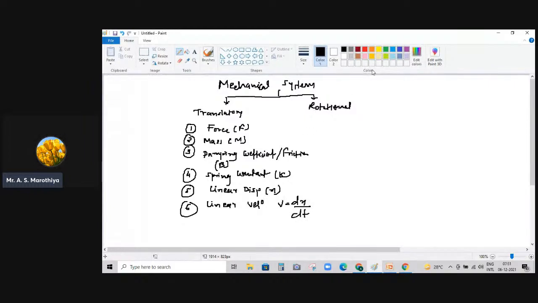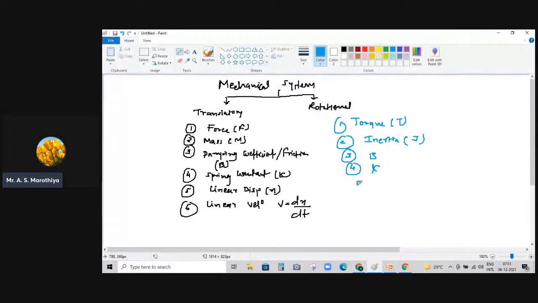In the same way, in case of rotational, here we have torque indicated by symbol T. So instead of force, here we have torque. Then instead of mass, here we have inertia indicated by symbol J. Then again we have damping coefficient B, and spring constant K, the same.